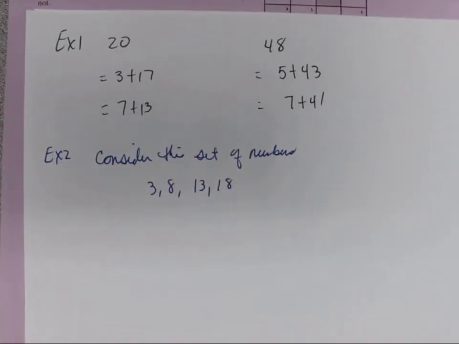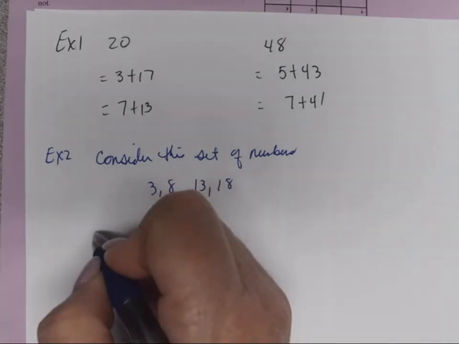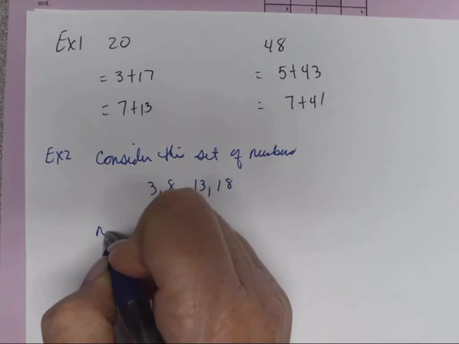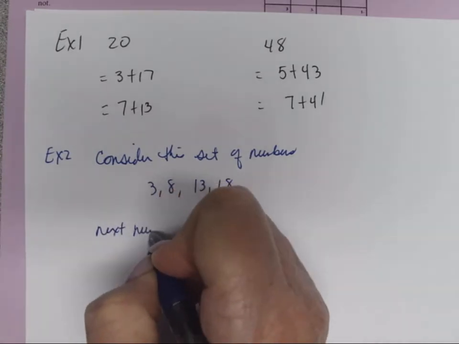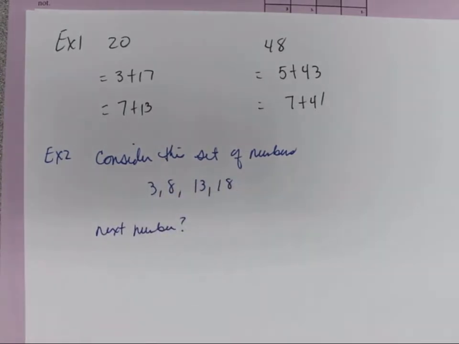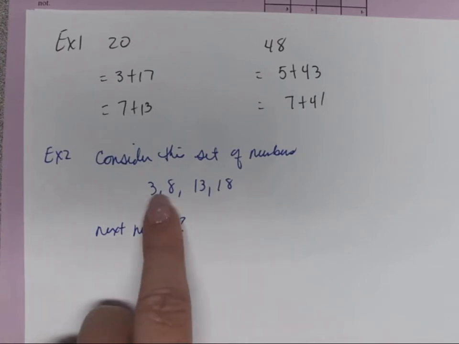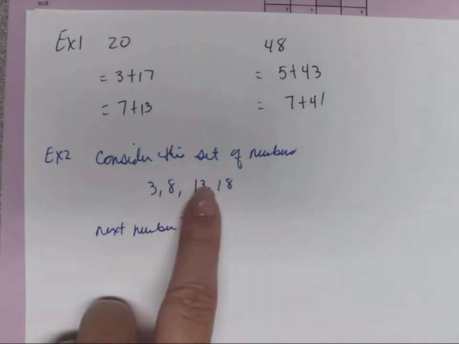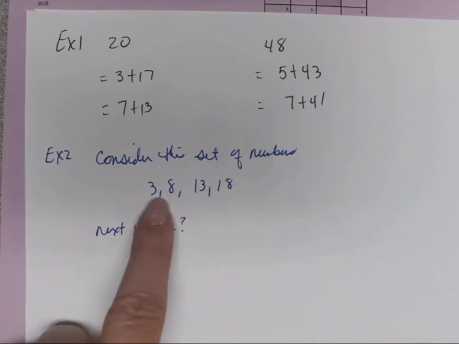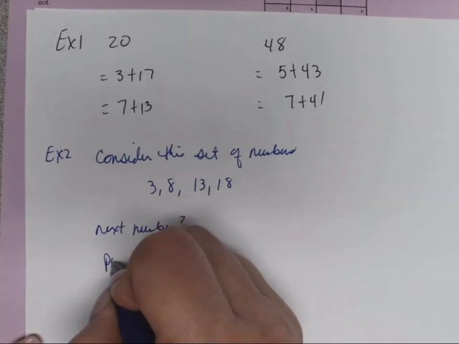What is most likely to be the next number? If we're looking at this, what is most likely to be the next number? We have to figure out basically what the pattern is. If we're looking at 3 to 8 to 13 to 18, our pattern is what?